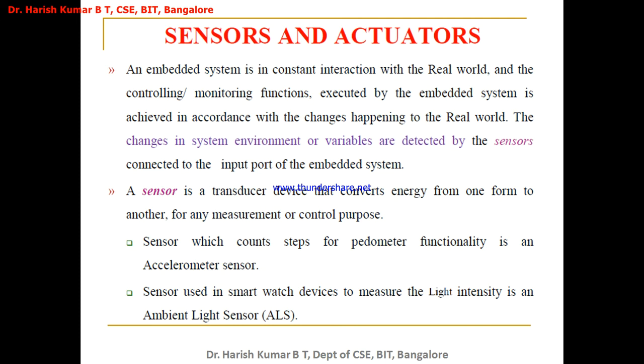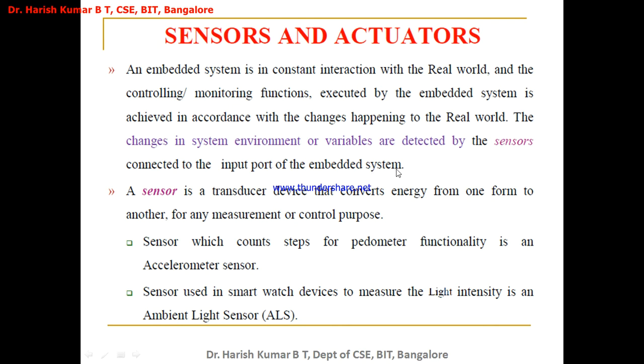This embedded system is in constant interaction with the real world. If you want to make the embedded system interact constantly with the real world, we require sensors. So the change in the system environment or the variables is detected by the sensors connected to the input ports of the embedded system.